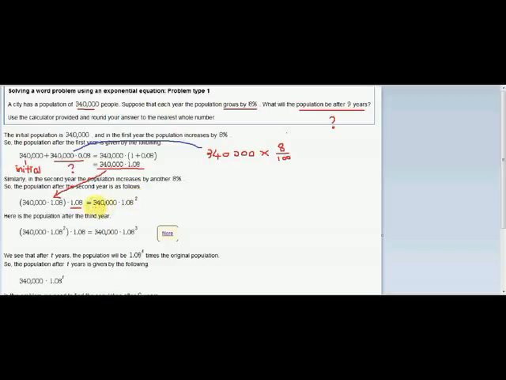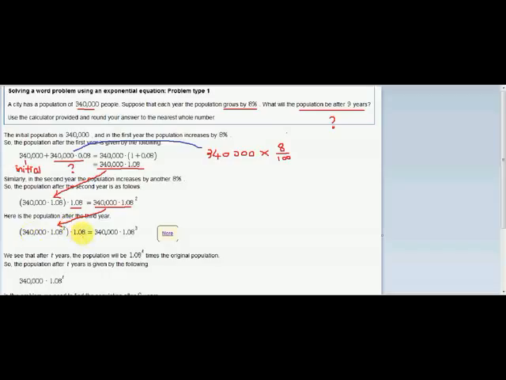Now this becomes the initial value for the third year. This is how many people we will have at the beginning, and after that year we're going to multiply that by 1.08. So we have 340,000 multiplied by 1.08 squared multiplied by 1.08.